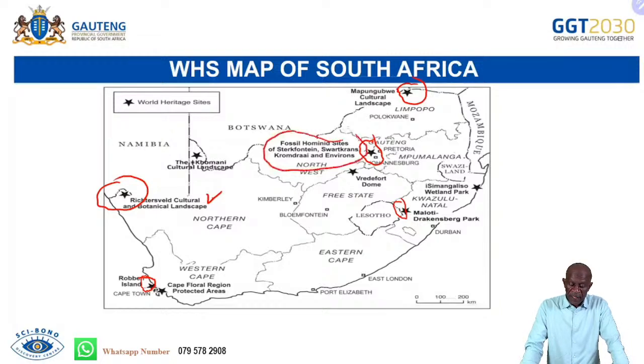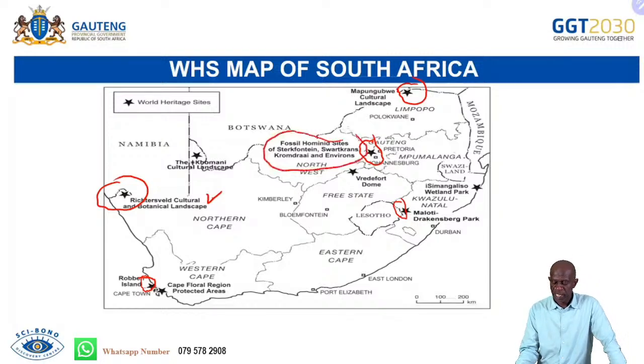So the Fossil Hominid Sites of South Africa, as the Cradle of Humankind is known, consist of different areas, and it's spread from Gauteng to the Northwest Province.